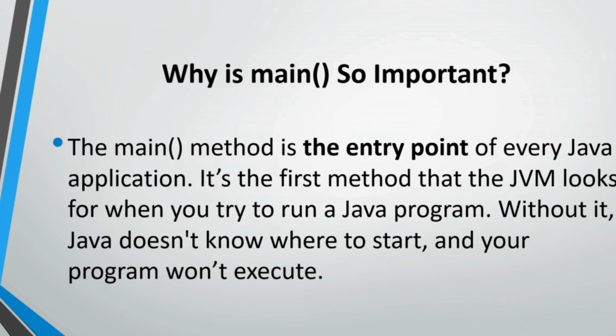So that's the main thing about the main method, why it is needed. Keep it in mind, it is an entry point. It tells the JVM where it has to start the execution. Okay, so when you run your program, the JVM invokes the main method, passing in any command line arguments through the String args parameter.